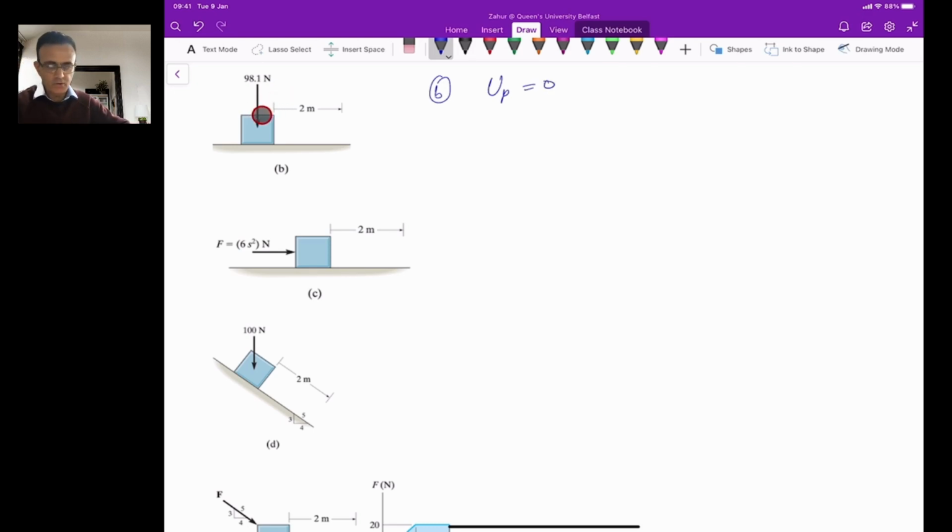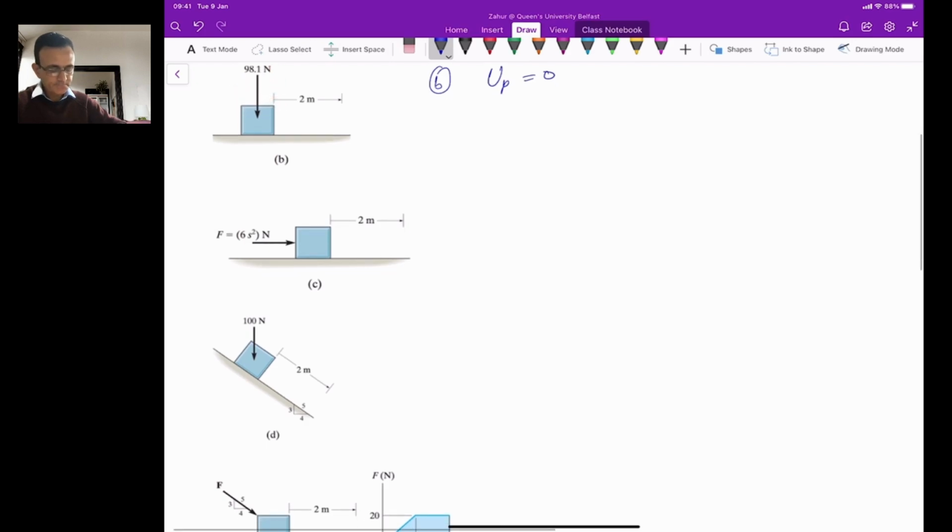Some other force is moving the body here, but we are not interested in that force. We are only interested in this force, and from here we can see that this force is doing no work. It is just pushing the body against the wall, and there is no displacement in the direction of the force. Therefore the work done due to this force is 0.